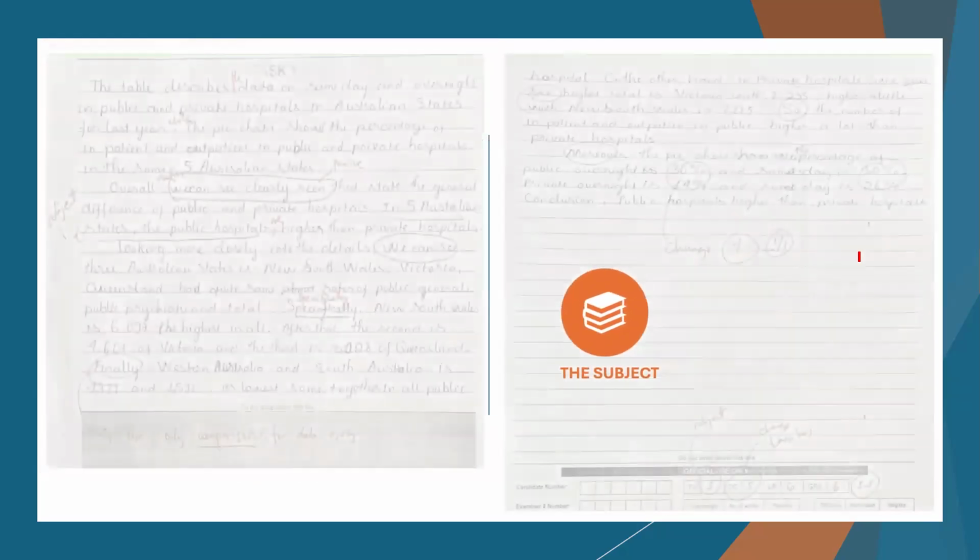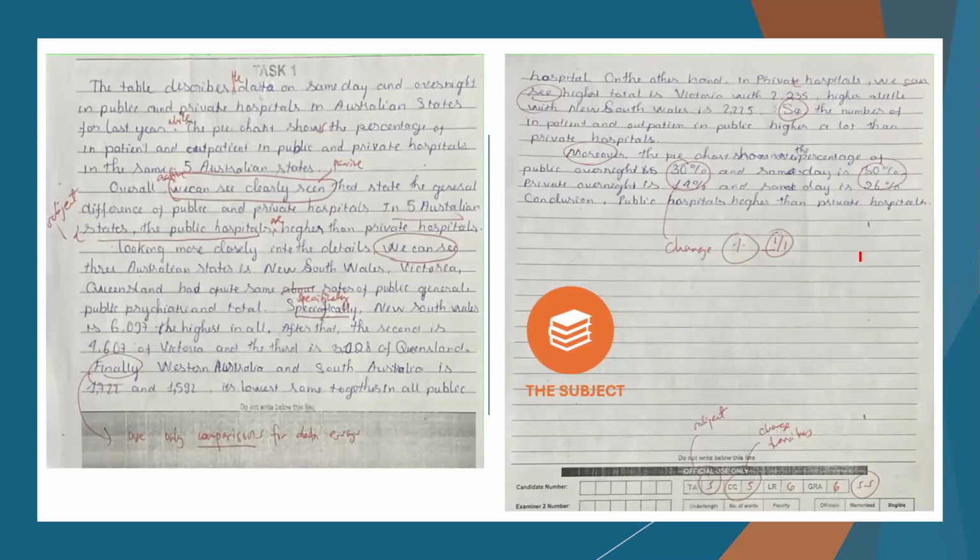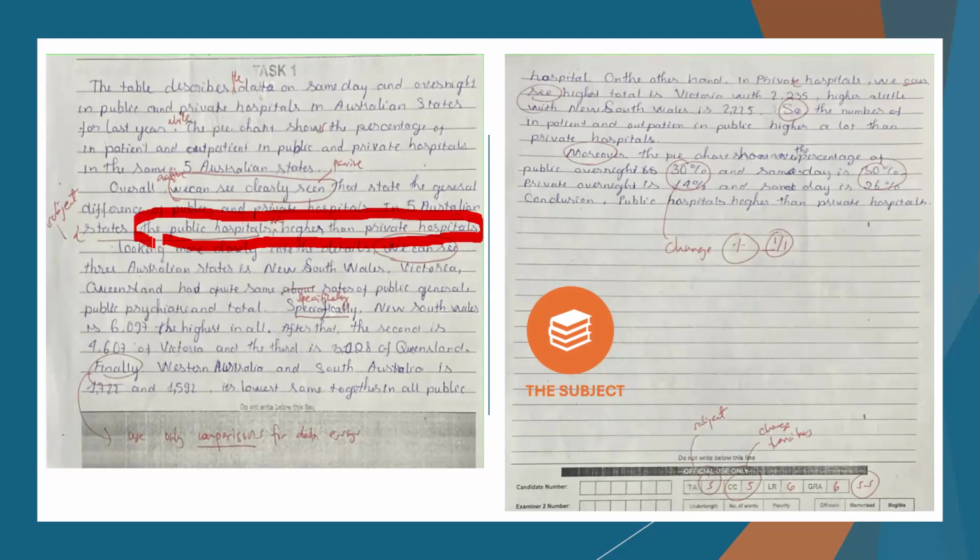Okay. Here's another example for a student who have failed to understand the subject. So we have here, in 5 Australian states, the public hospitals are higher than private hospitals. So as you can see here, it's not the public hospitals which is higher than private hospitals, but it is the number of stays, okay?